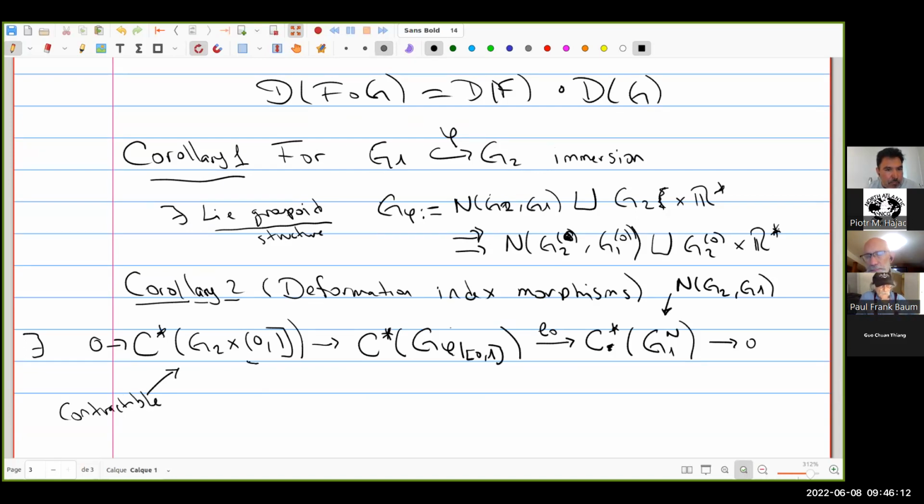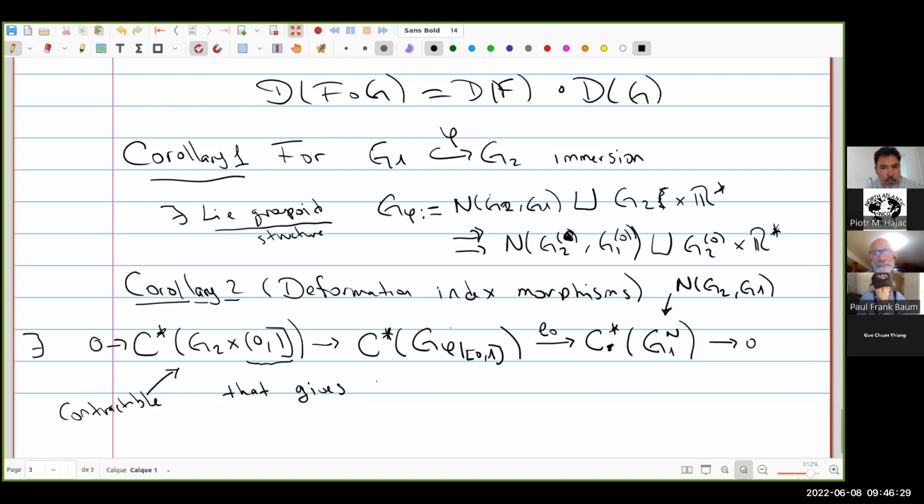and in fact, since this algebra is contractible because of the presence of this open interval, when you apply K-theory to it, in the six-term exact sequence of K-theory, the evaluation at zero becomes an isomorphism.